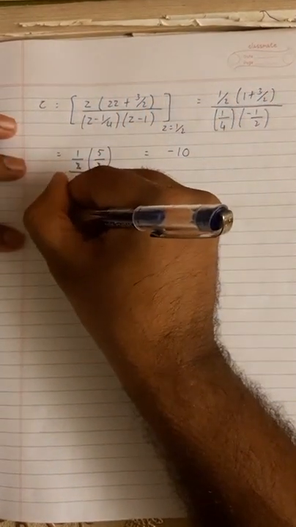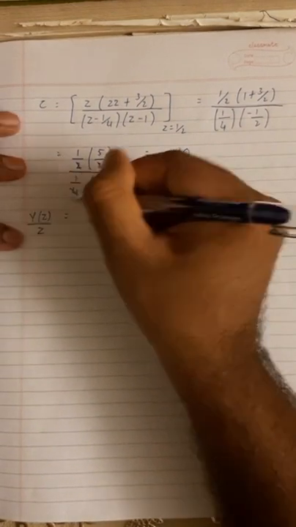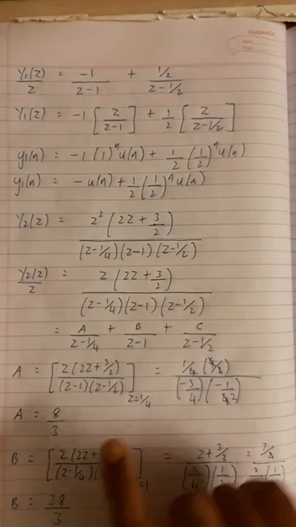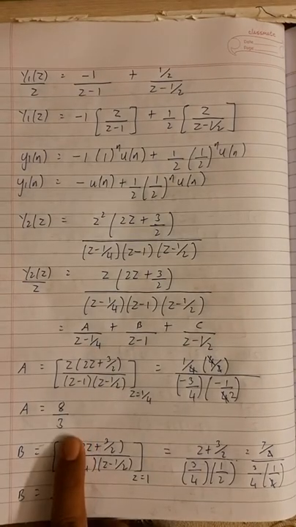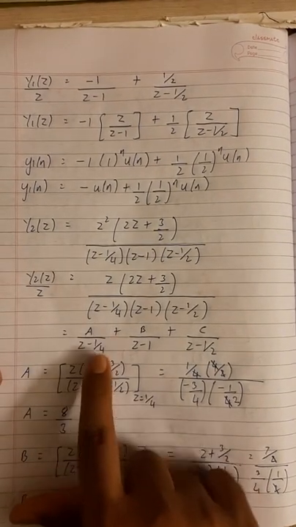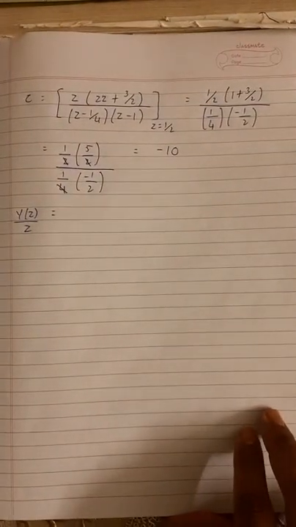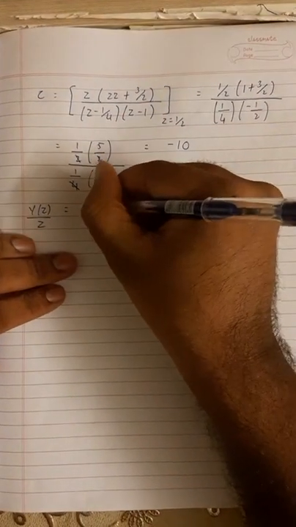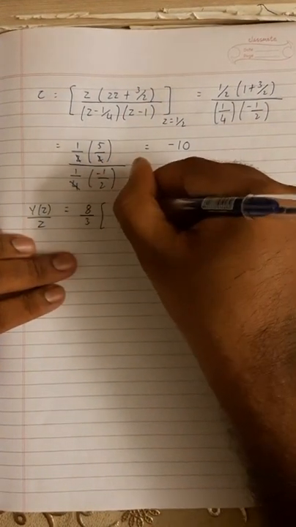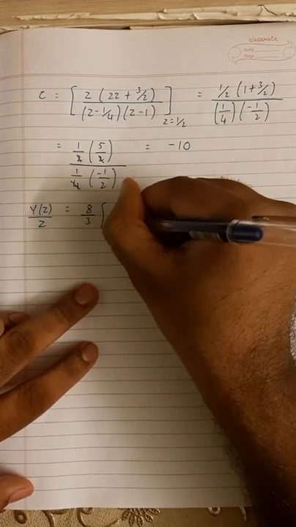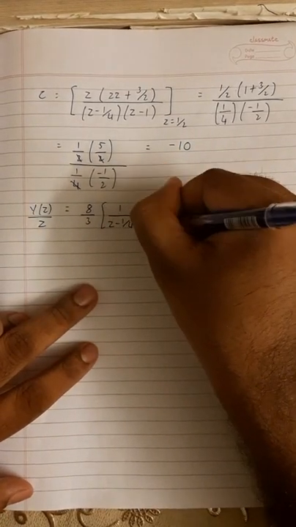So therefore Y(z)/z, the value of A is 8/3. So put over here 8/3. So this will become 8/3 into 1/(z − 1/4).